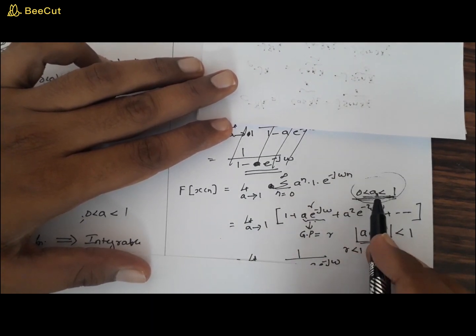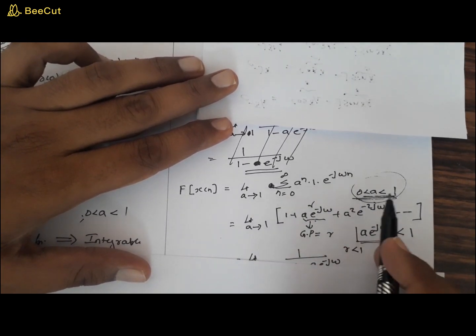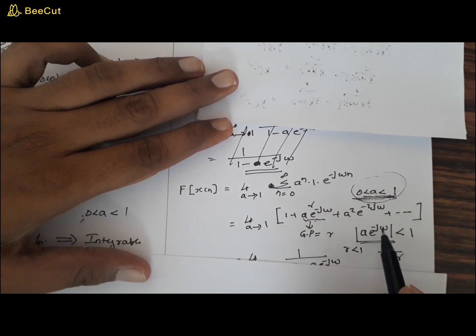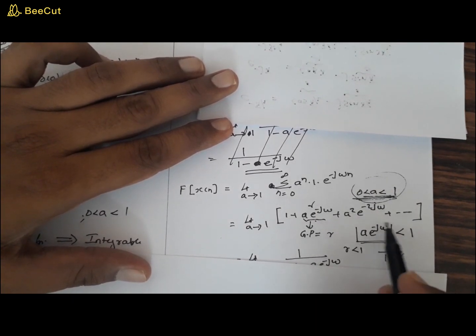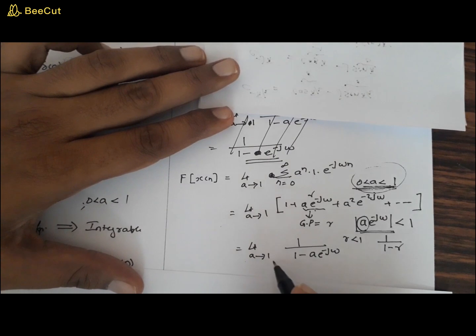If a is 1, it is not less than 1, but we are assuming that a tends to 1, meaning it can be a value less than 1. So the modulus of a e raised to minus j omega is less than 1, since the modulus of e raised to minus j omega is equal to 1. To make this converge, you should multiply by a term which is less than 1 but close to 1. That way it will be less than 1 and you can write it this way, with the limit as a tends to 1.